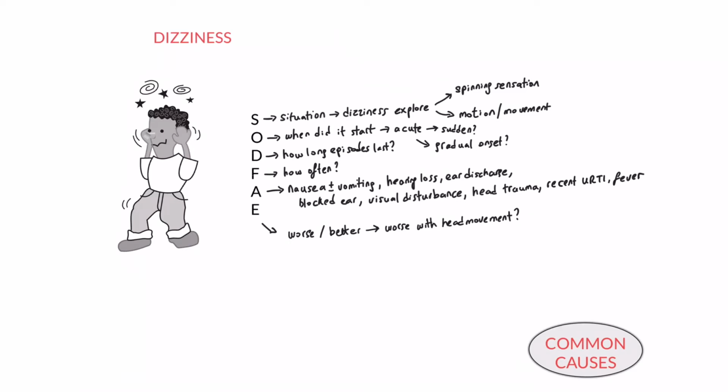Now let's go to the common causes of dizziness. One of the common causes is, this is a long word, benign paroxysmal positional vertigo, in short BPPV.